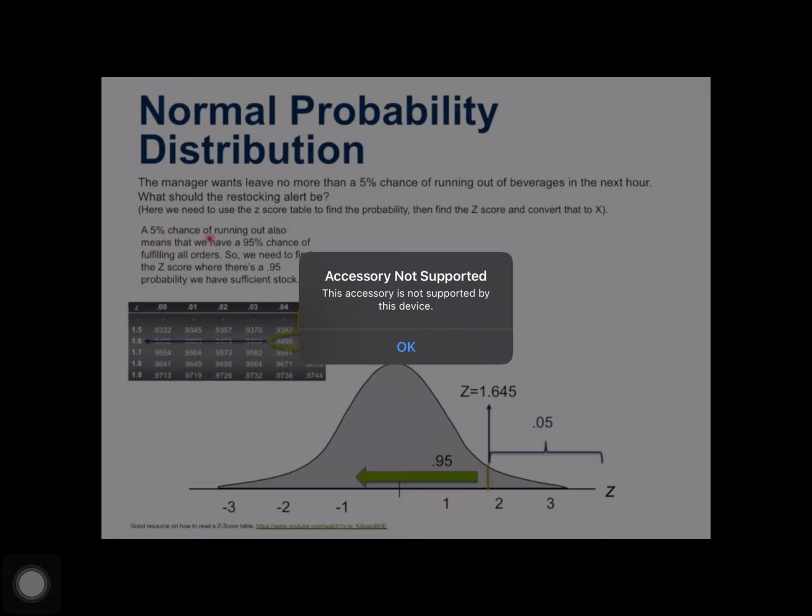Since you have a 5% chance of running out, meaning that you're up here in this area of the curve, we also know that the tables are always going to be looking at something to the left of some point. We know 95% of the time we're able to handle the amount being consumed. So we need to find the z-score that has a 0.95 probability that we will actually have sufficient stock.